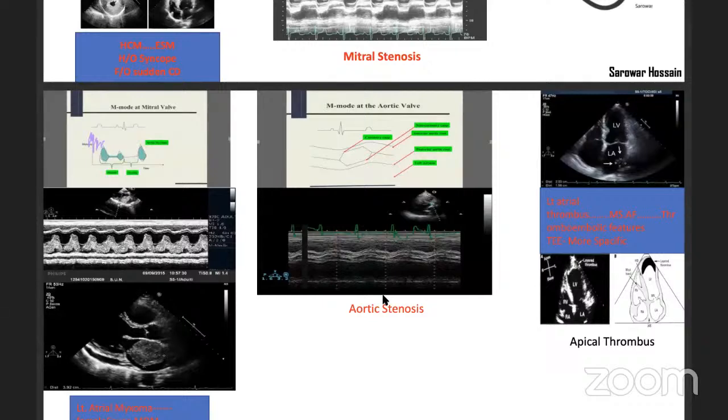Here you can see there's not much opening, similar to MS. Generally, as they mentioned in the figure, it will open like this, then close. In case of aortic stenosis, it will be very narrow. That's what they're trying to say here, basically.